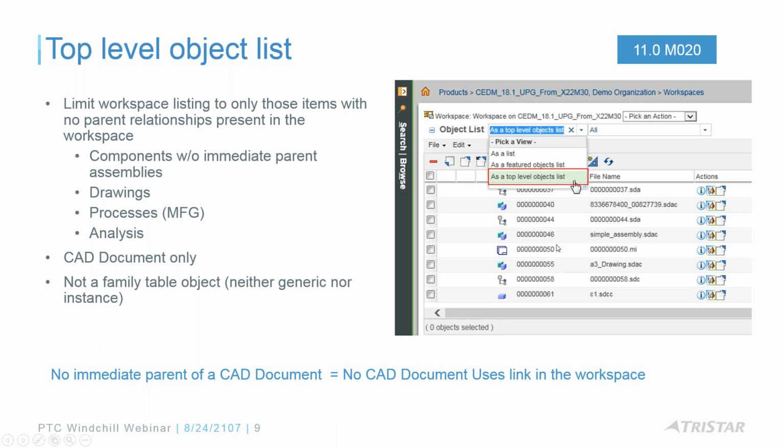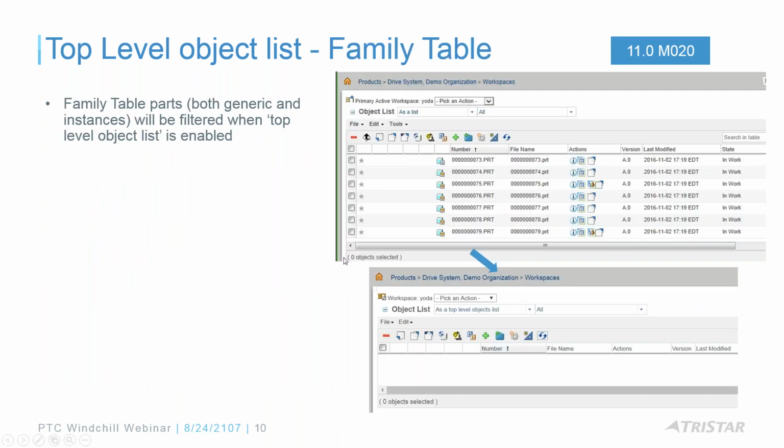That one will display no family tables. It will display only the relevant parts that are either at the top level or there's no parent relationships present in that workspace. So it's just a way to filter how many items are displayed in the workspace, especially if you're working on a very large assembly with a lot of components that get added to the workspace.